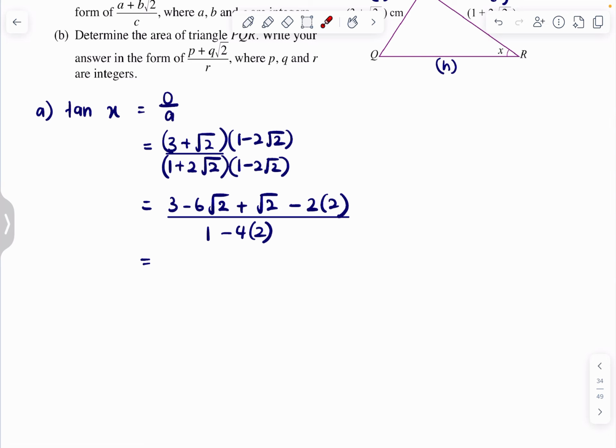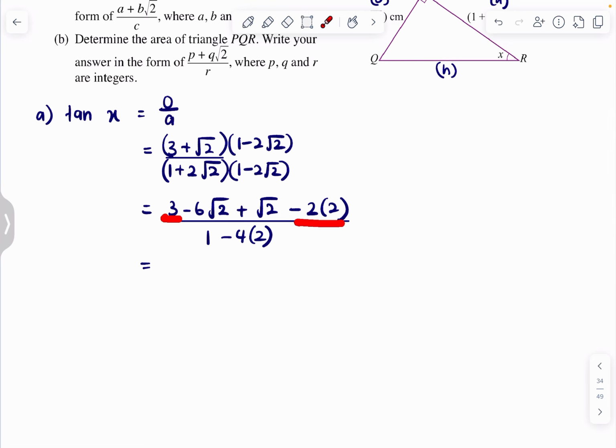So on top we have 3 minus 4, which is negative 1. Negative 6√2 plus 1√2. So negative 6 oranges plus 1 orange, we get negative 5 oranges. The denominator is 1 minus 8, which is negative 7.